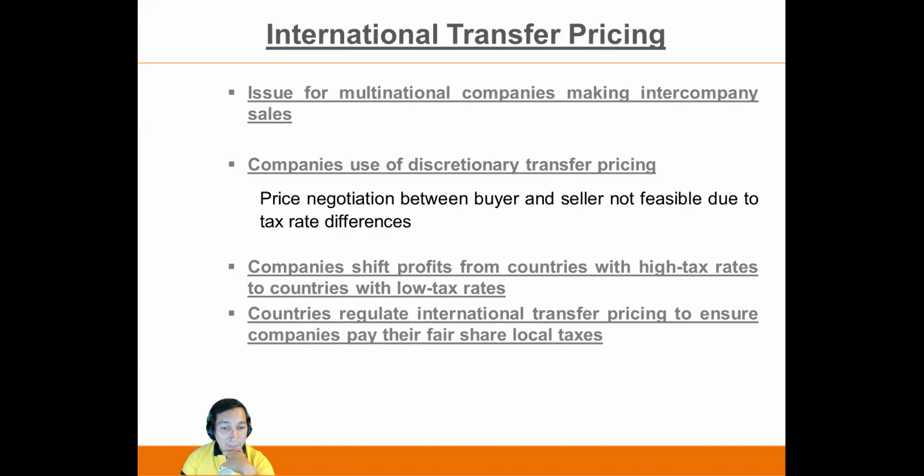The main objective of international transfer pricing is that countries regulate it to ensure that companies pay their fair share of local taxes.